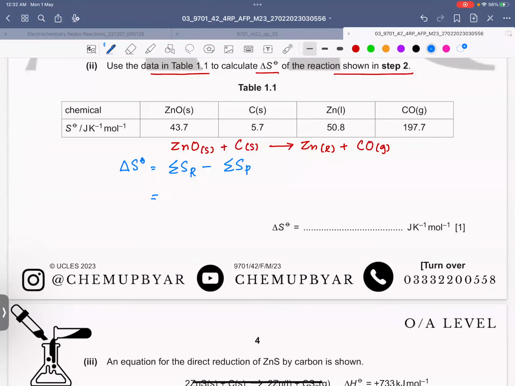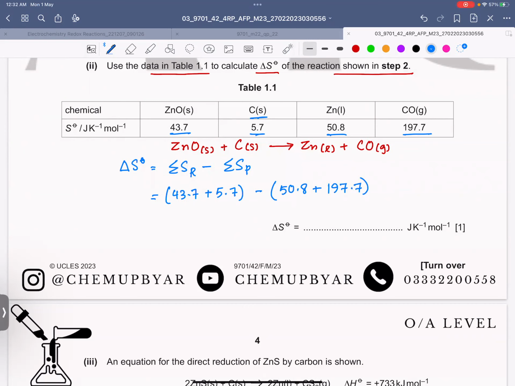In the reactant, we have zinc oxide, its entropy is 43.7, plus carbon, its entropy is 5.7, minus, on the product side, 1 molten zinc, its entropy is 50.8, then carbon monoxide, and its entropy is 197.7. So can anybody solve and tell me the answer?